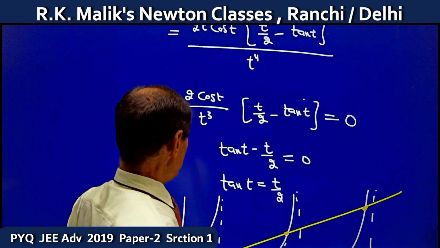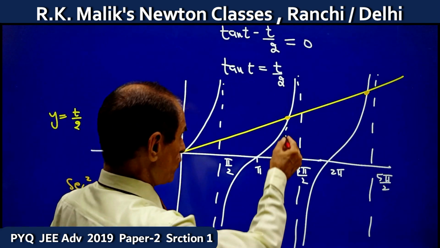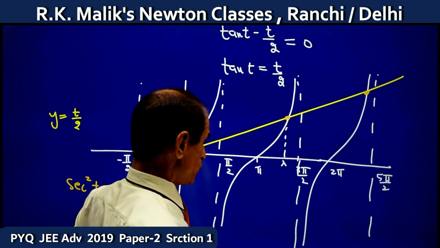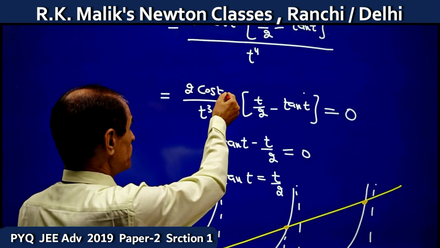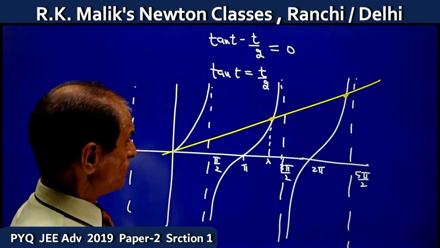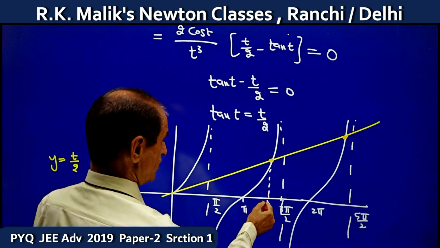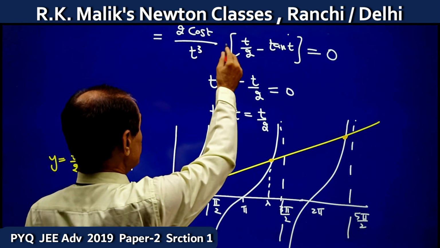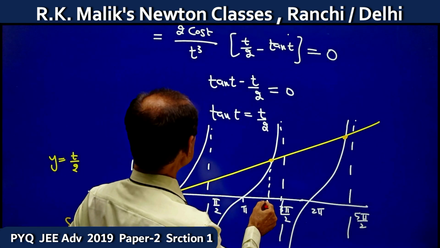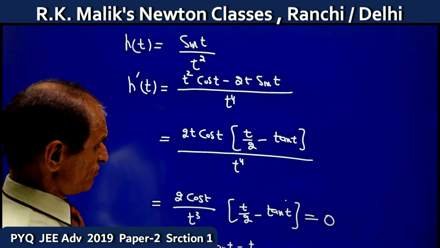Therefore, this will be positive. T cube is already positive, but because this point has x coordinate between pi and 3 pi by 2, therefore cos t will be negative for this value of x. Hence, I can say for the values of t slightly less than lambda, negative into positive means negative. Hence, before lambda, h dash t is negative.